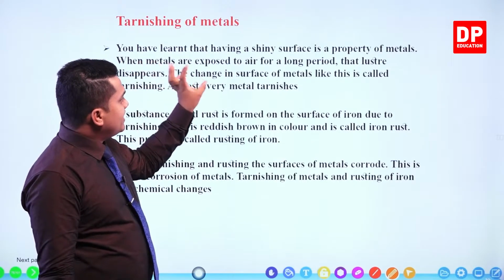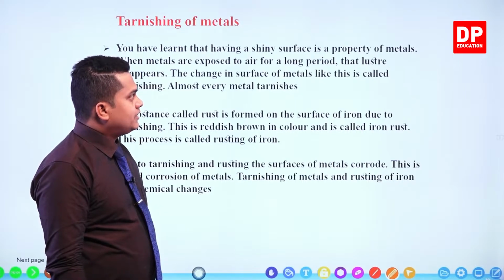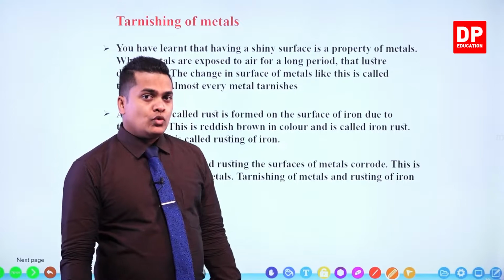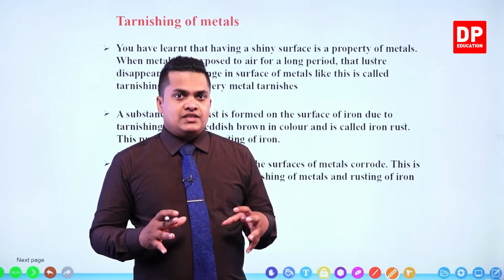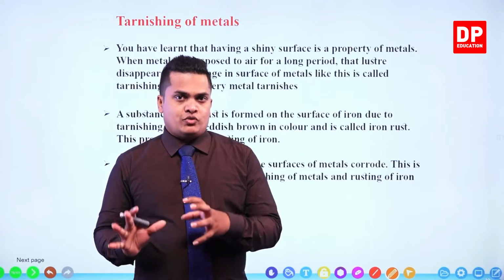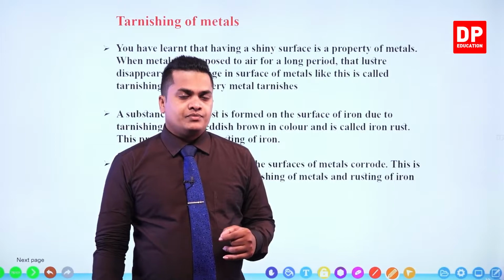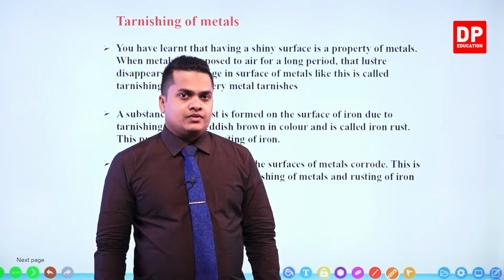When metals are exposed to air for a long time period, that luster disappears. Now you know that when you keep a piece of magnesium strip exposed to air for a long time period, I told you in the earlier case also, the lustrous nature is going to disappear, okay?